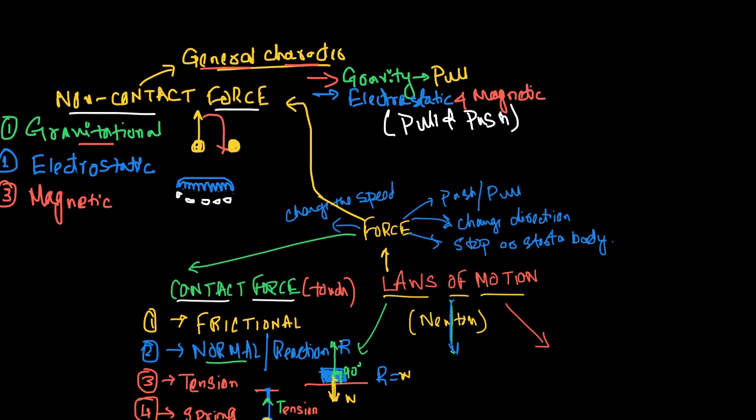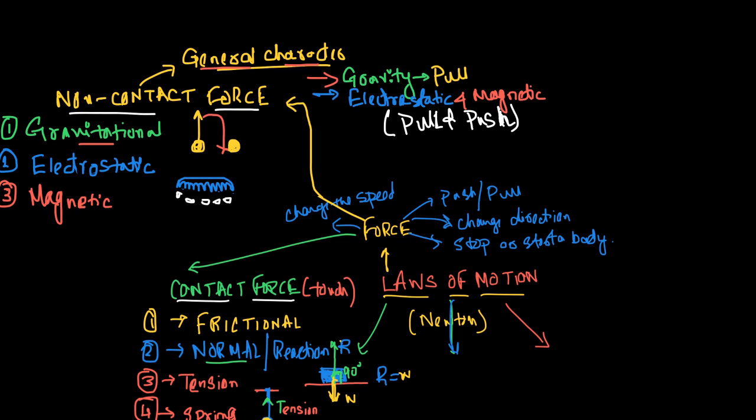That means we will see that sometimes a magnet will repel another magnet. We'll learn that if two like poles are brought together, they simply repel. But gravity can only pull, it cannot push, right? So this is one characteristic of non-contact forces.